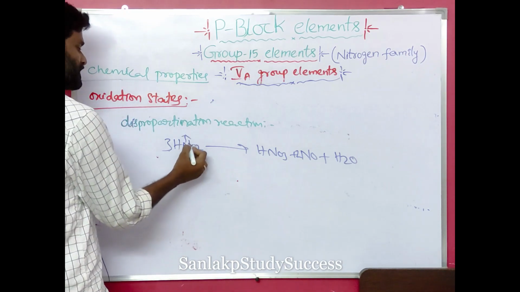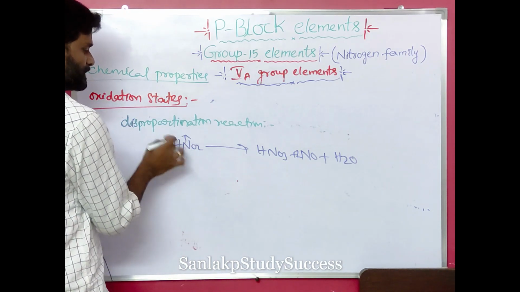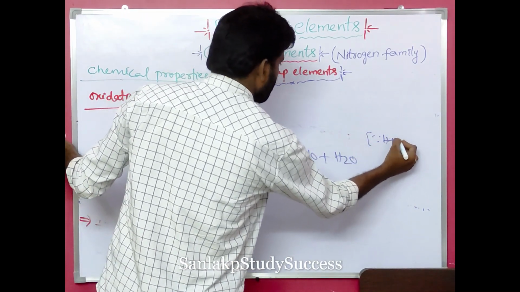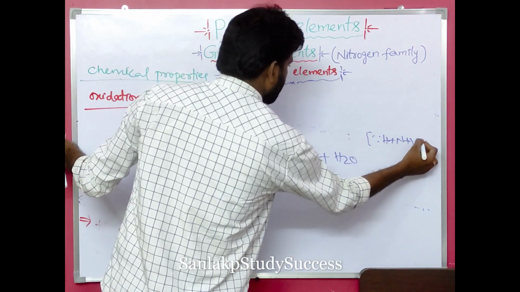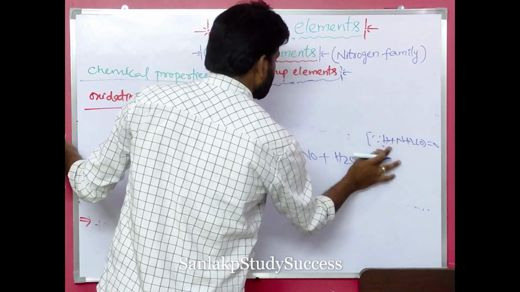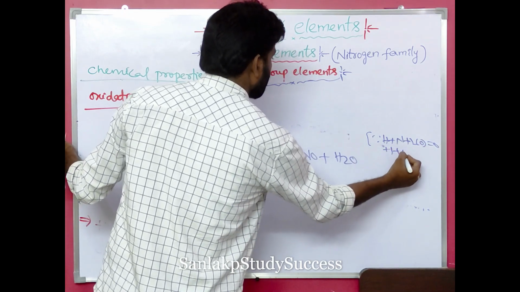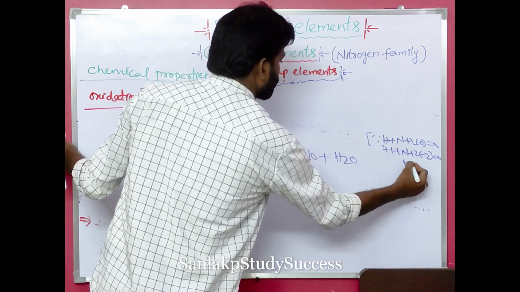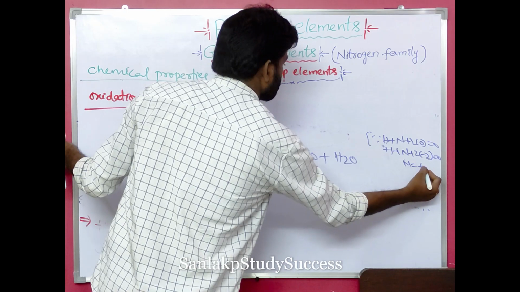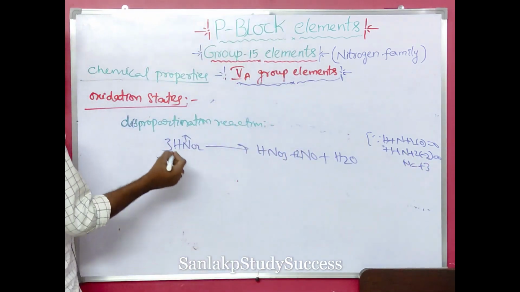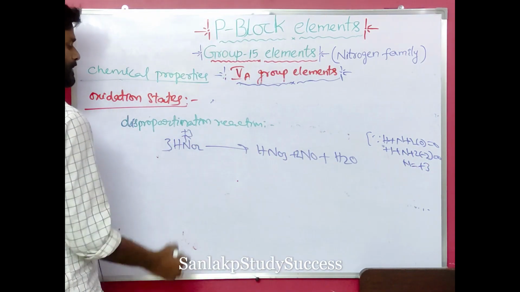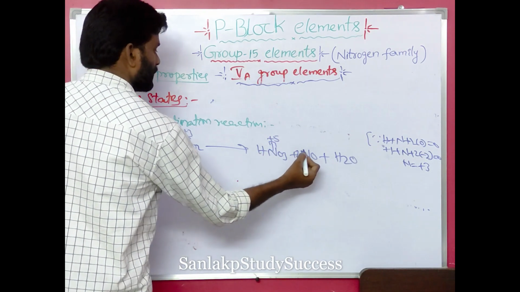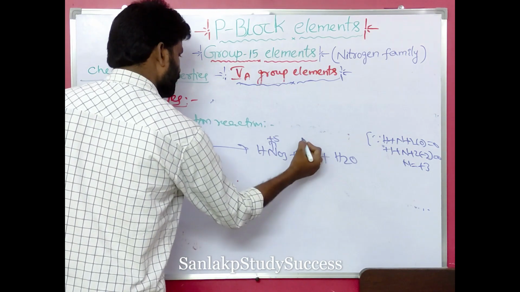What is the oxidation state of nitrogen in this compound? In HNO2, H plus N plus 2O is equal to 0. H is plus 1. Nitrogen plus 2 into minus 2 is equal to 0. So minus 4 plus 1 minus 3 is equal, that is plus 3. Here plus 5. Here plus 2.